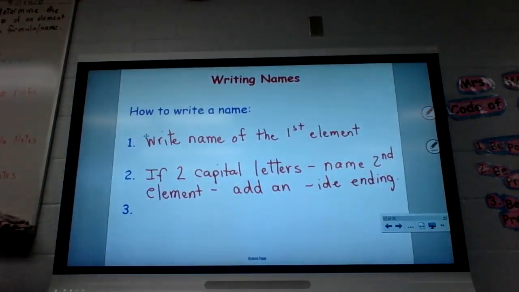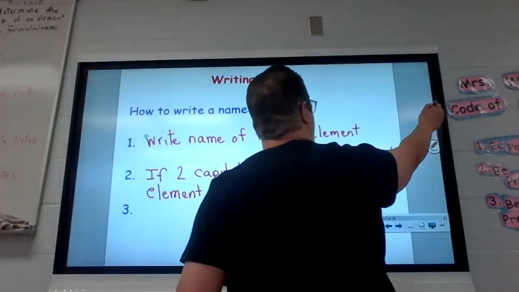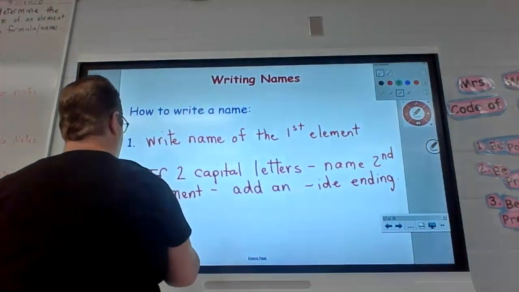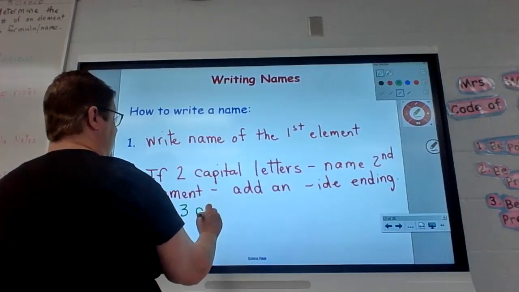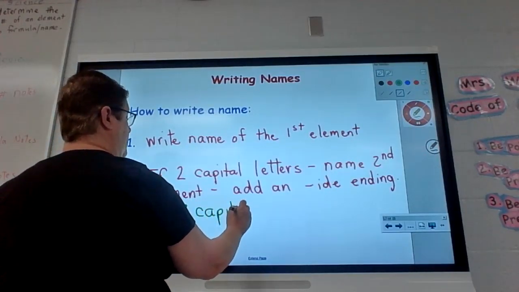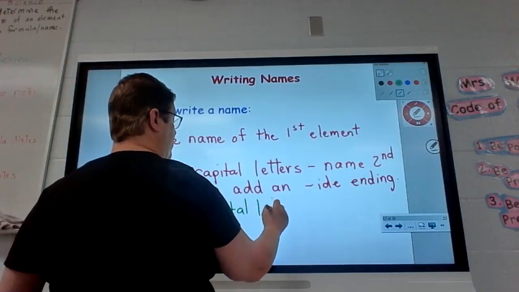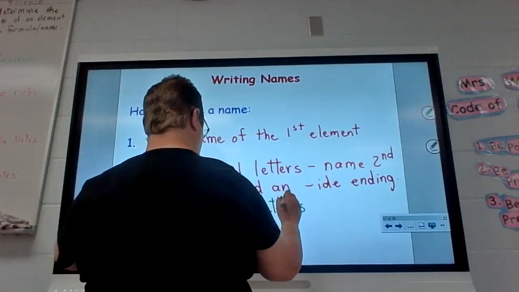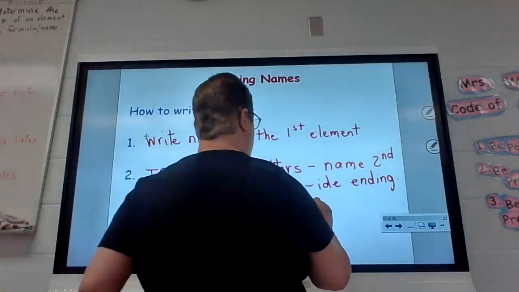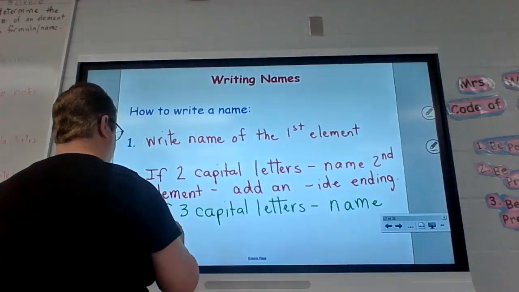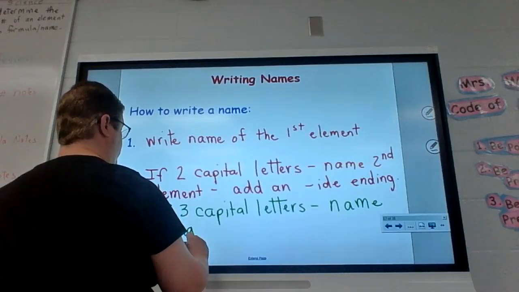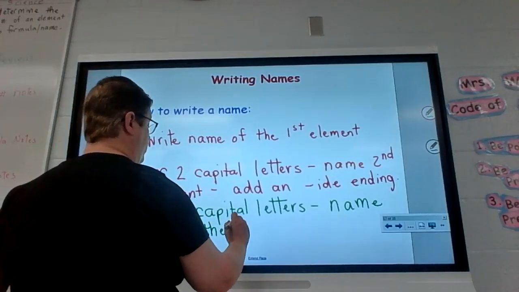Now, for number 3, if there are 3 capital letters, name using the reference table.